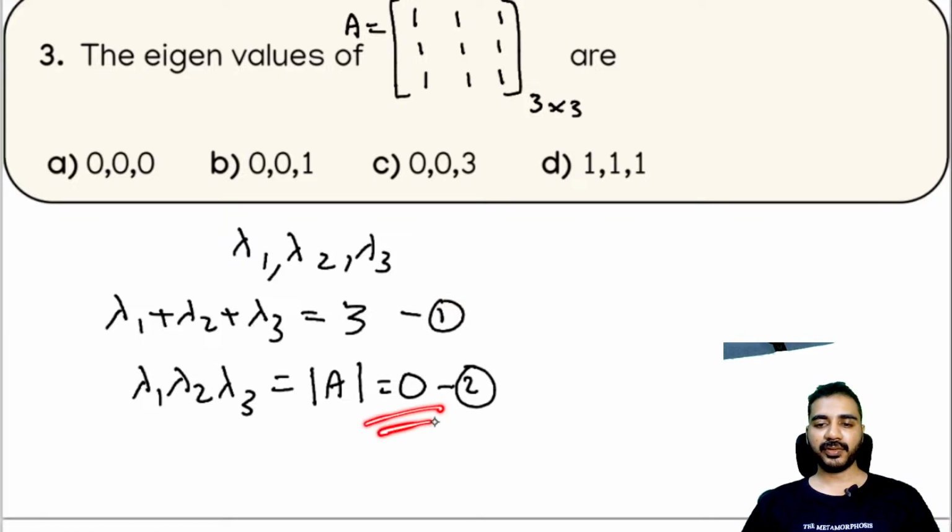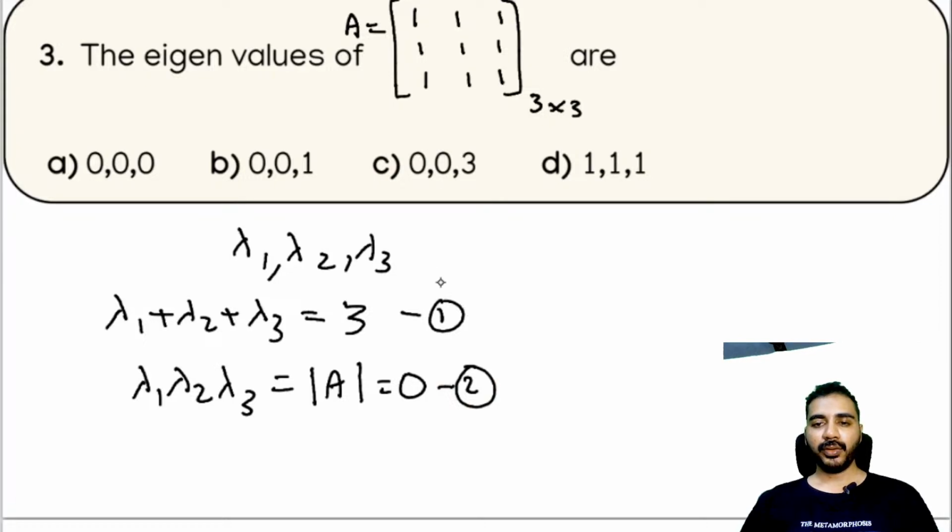Now look at equation 2, lambda 1 into lambda 2 into lambda 3. 0 into 0 into 3 is 0. 1 into 1 into 1 equal to 1. So considering options C and D, option C satisfies equation 2.